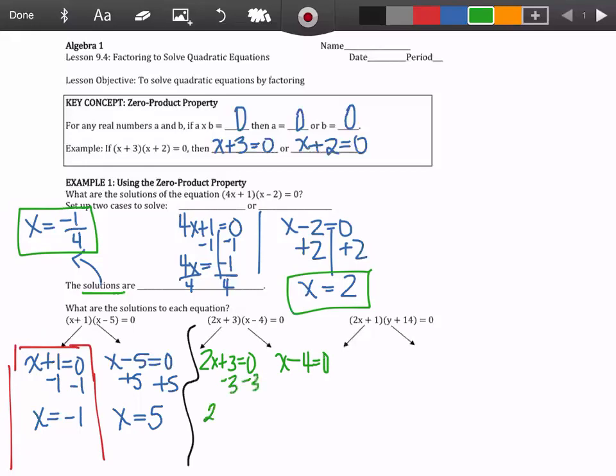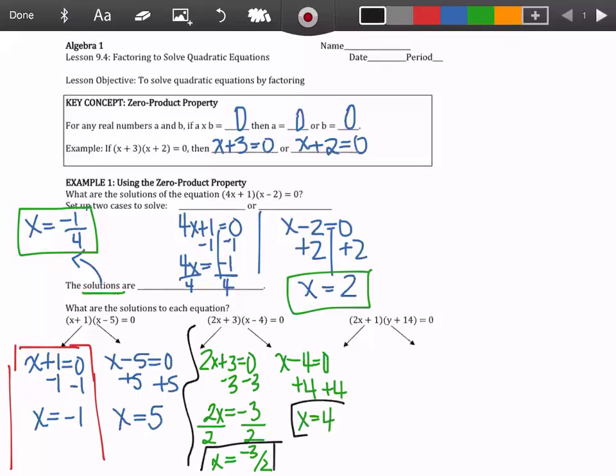That gives us 2x is equal to negative 3. Getting x completely by itself, we divide by 2. x is equal to negative 3 halves. And then x minus 4 equals 0, we're going to add 4. And that gives us x is equal to 4.